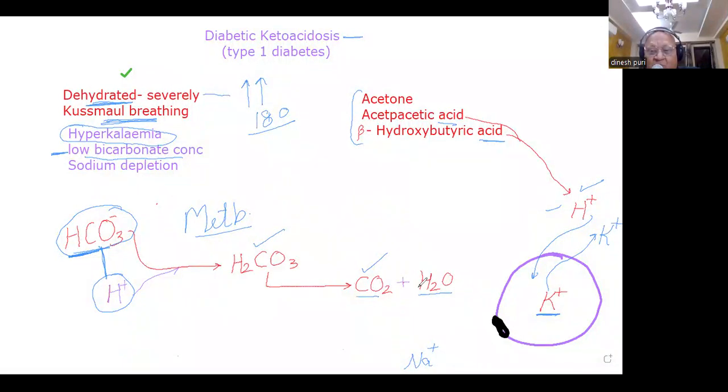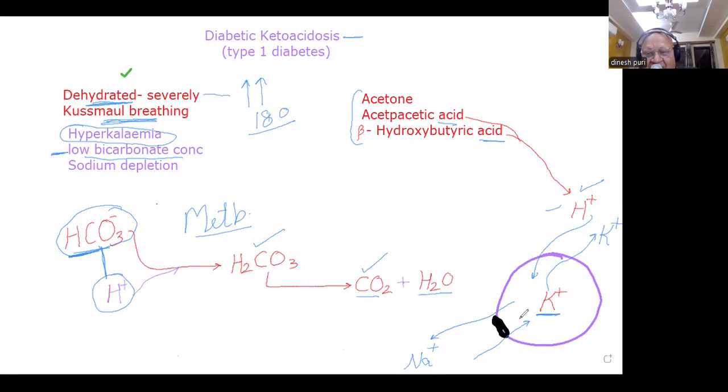Hyperkalemia. One more cause I'm going to discuss. All of you know about the pump which antiports potassium and sodium. It moves sodium outside the cell, and in exchange, potassium is moved into the cell. This is called the sodium-potassium pump.